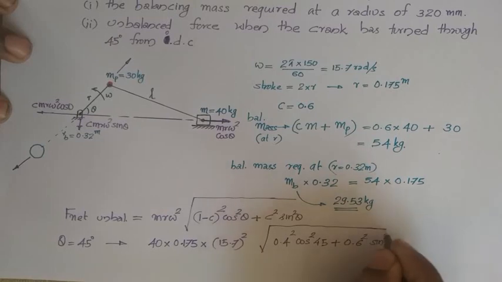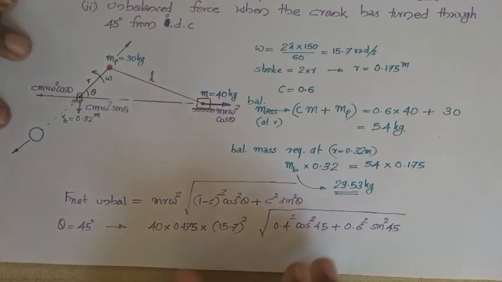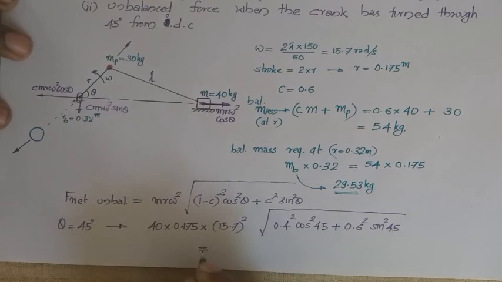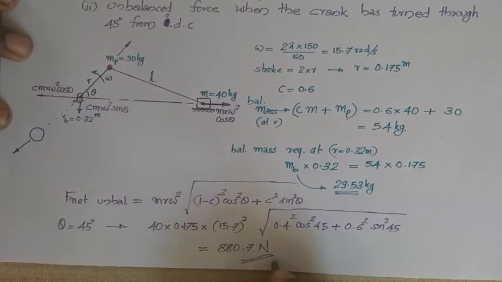If you are simplifying this, the net unbalanced force you will be getting is around 880.7 Newton. This is the answer for the second question.